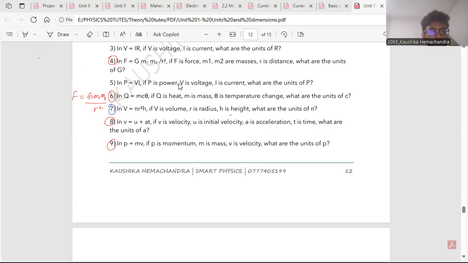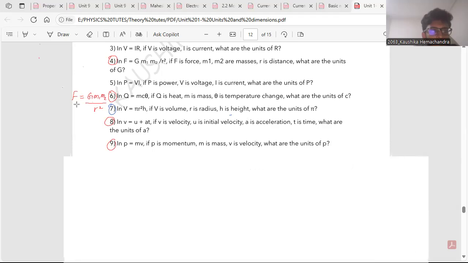What are the units of pi? The unit of volume is cubic meter.